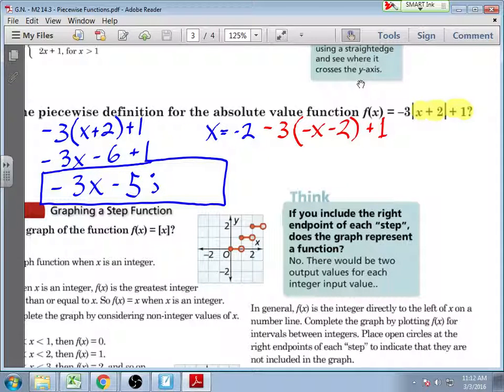For my negative, or my opposite situation, what do I get? 3x plus 7. What do we want to make the domain? Which one is going to point to the left? If we think about the absolute value graph looking like this, which one is going left?